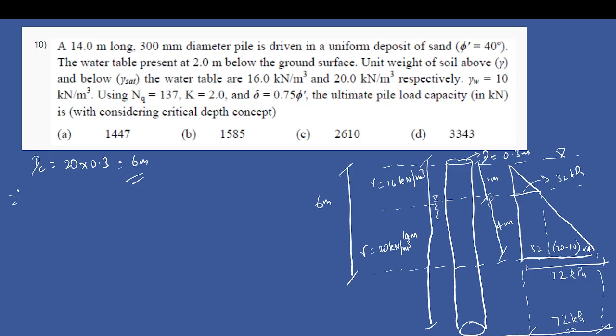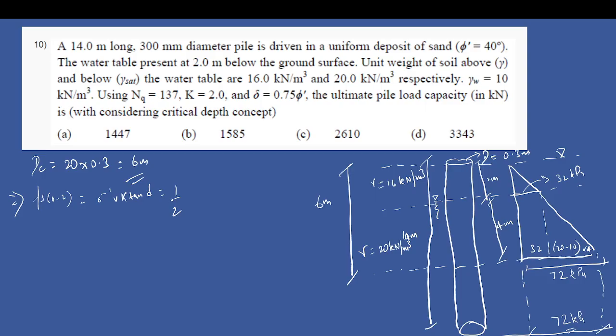Yes. So now let's solve this. First we'll calculate the skin friction from 0 to 2 meter. So it's 1 half into 32 into 2, with sigma dash v, k, tan delta, right?